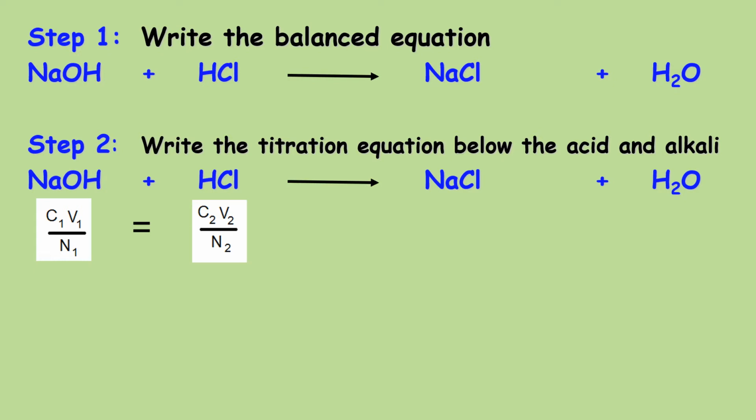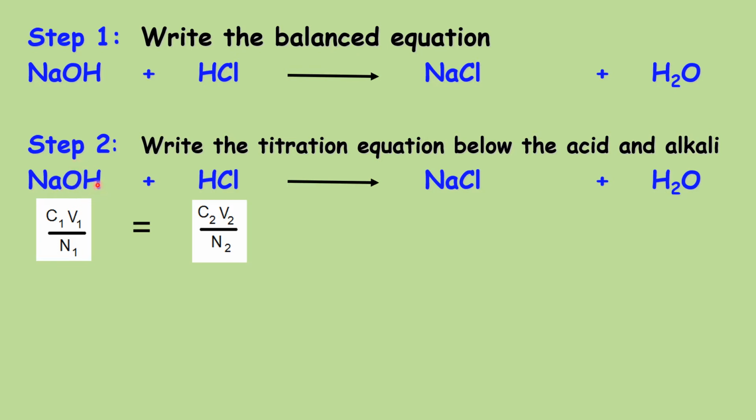The theory behind it is that the total quantity of hydroxide ions and the total quantity of hydrogen ions in the alkali and in the acid will have to be the same for a neutralization reaction. Our sodium hydroxide is providing a hydroxide ion.